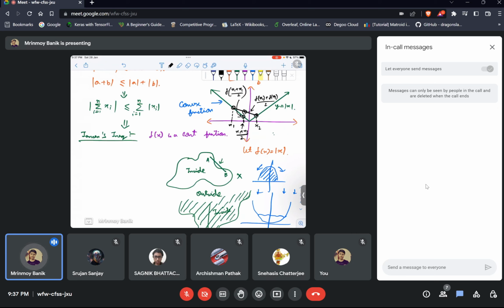So you can obviously see the function of the mean is lesser in height than the mean of the function. So f((x1 plus x2) by 2) is less than or equal to (f(x1) plus f(x2)) by 2. So this is when f is convex.